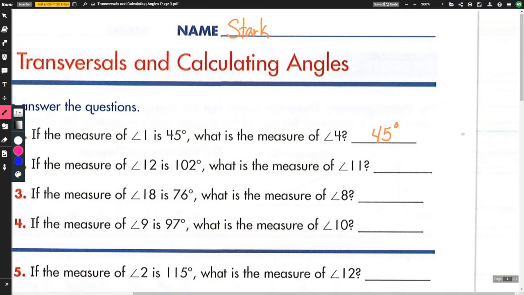A straight line is 180 degrees. I know the answer to one, so I subtract it to find the answer to the other. So my answer is 78.